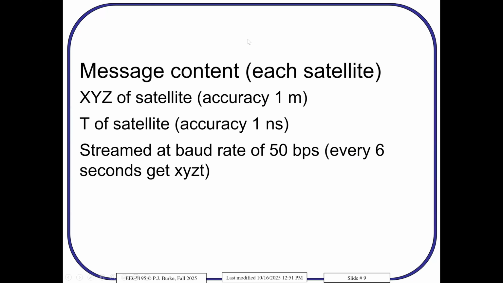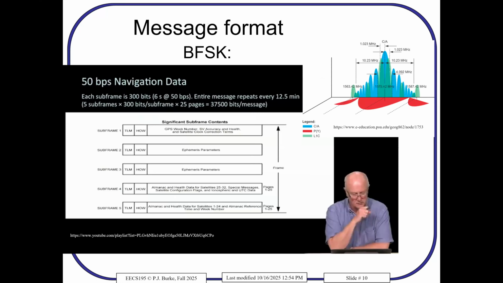So each satellite, like I mentioned, broadcasts its XYZ position to an accuracy of 1 meter, its own onboard clock to an accuracy of 1 nanosecond, and it's streamed at a baud rate of 50 bits per second. So every 6 seconds, each satellite gives you its position and time. And the message format is complex, just like UART and DSHOT.